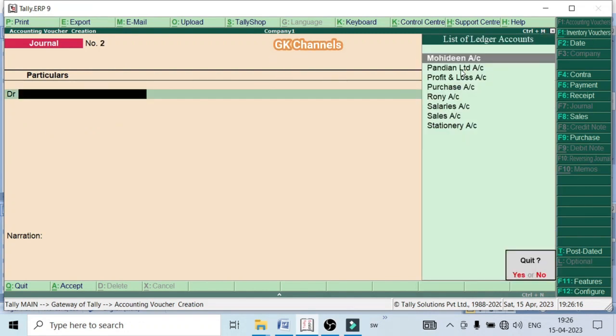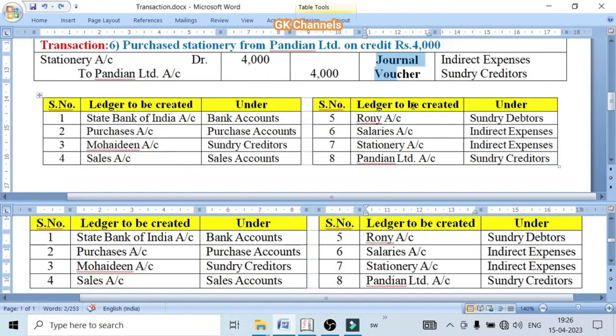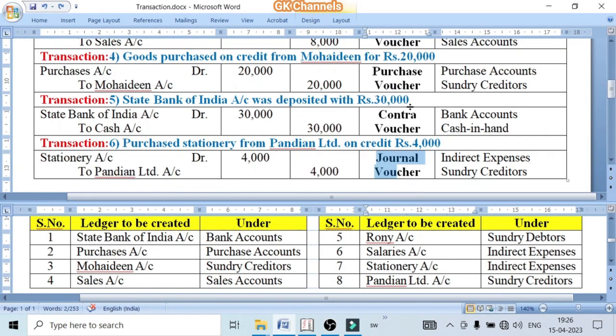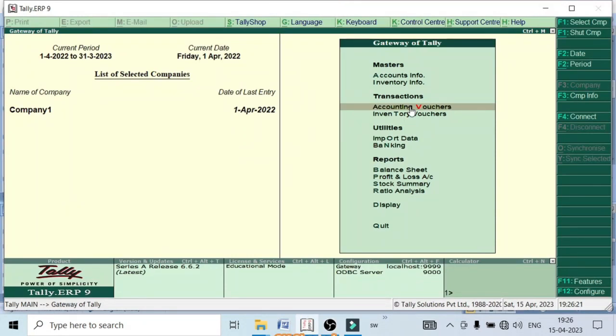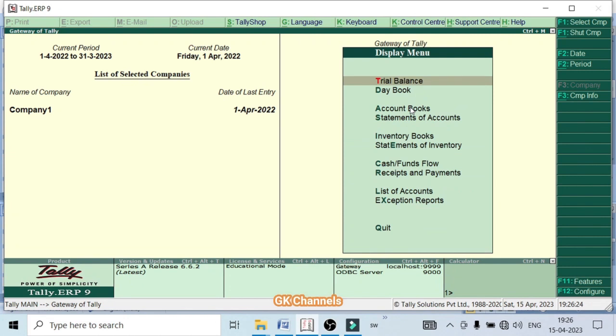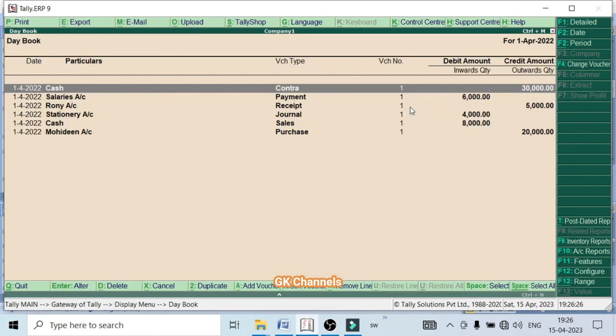So we have saved all the 6 accounting vouchers or all the 6 transactions. To display that we need to go to Gateway of Tally, display, day book, and I can see all the 6 accounting vouchers and transactions.